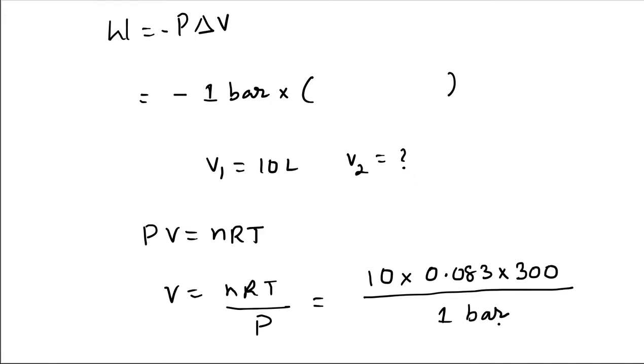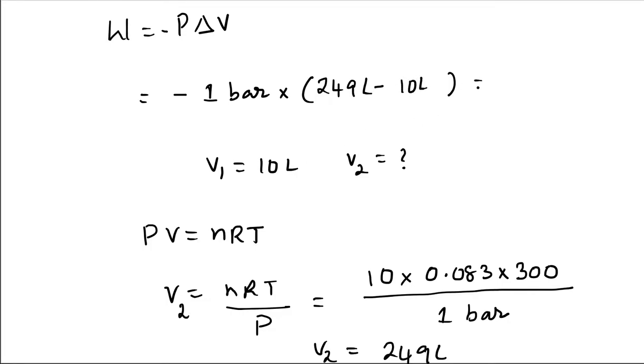After expansion, that volume is going to be the final value. So how much do we get for V2? Mathematics helps: 10 times 0.083 times 300. I got 249 liters. Now let's substitute V2 249 liters minus V1 10 liters.